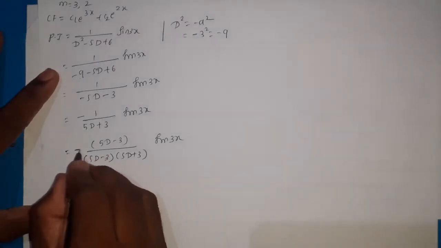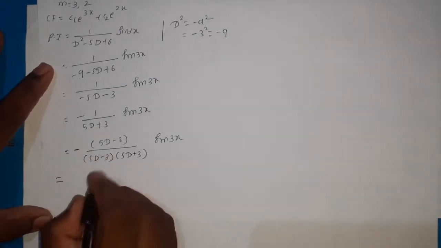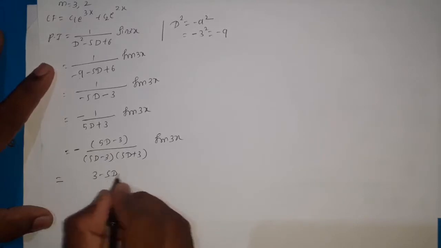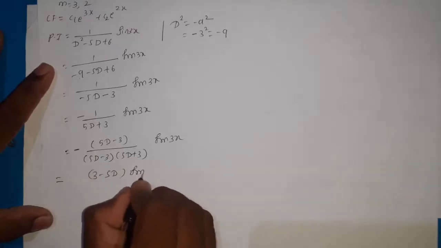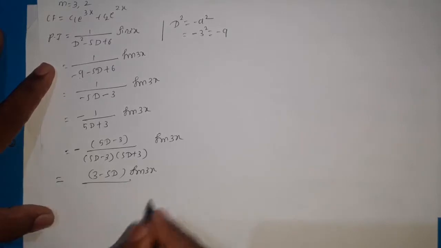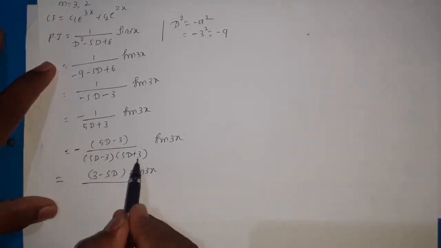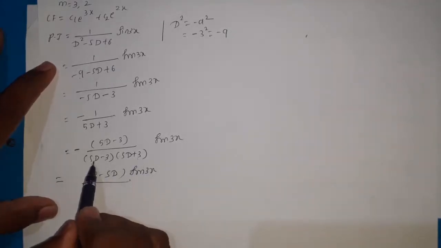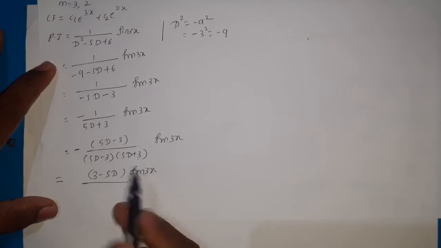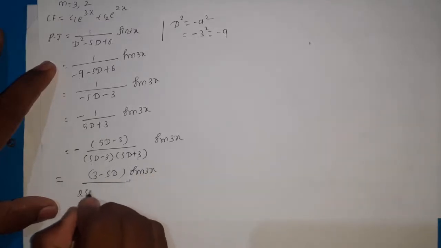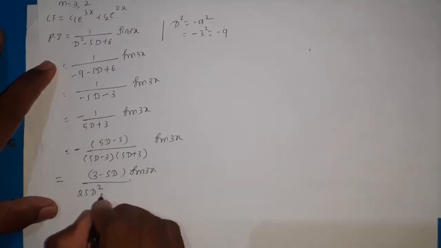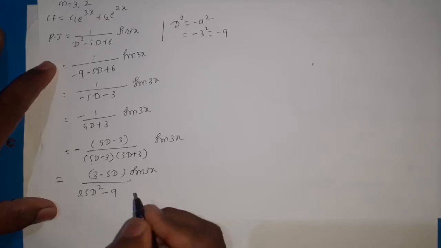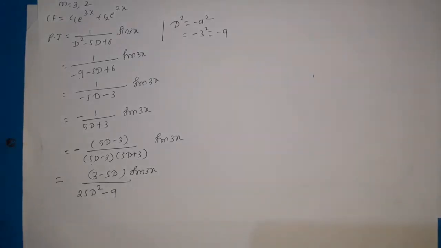By multiplying the negative sign into the numerator, that becomes (3 - 5D) sin 3x, and the denominator becomes (a + b)(a - b), where a = 5D and b = 3, which means 25D^2 - 9.